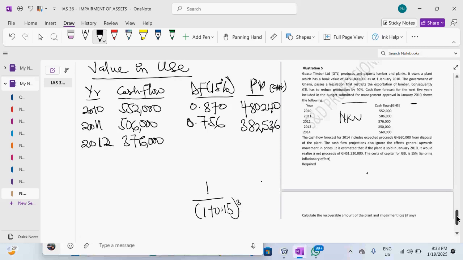What is the discount factor for 2012? 0.658.